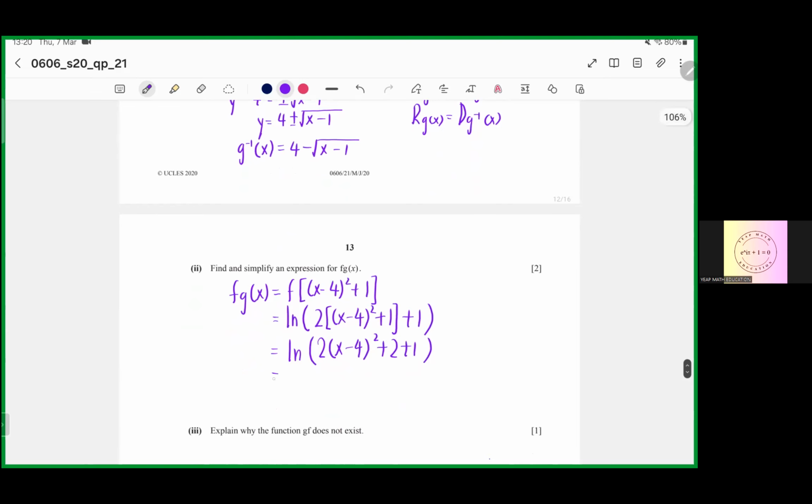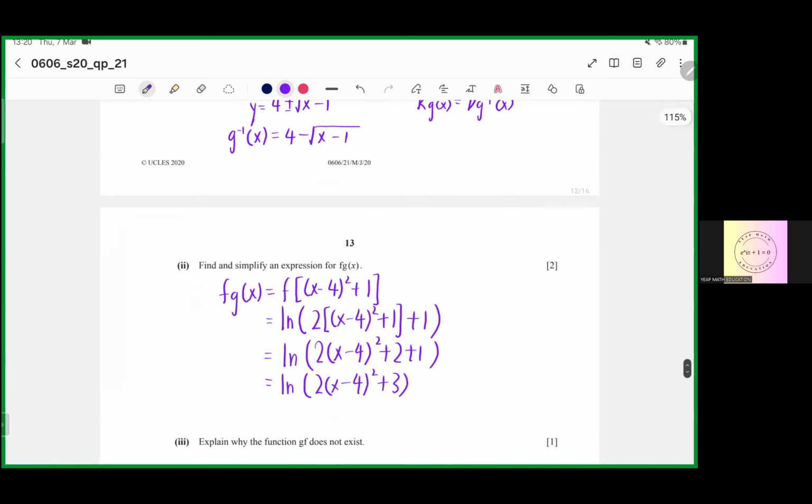Now here we get ln(2(x minus 4) squared plus 3). Now I expand.